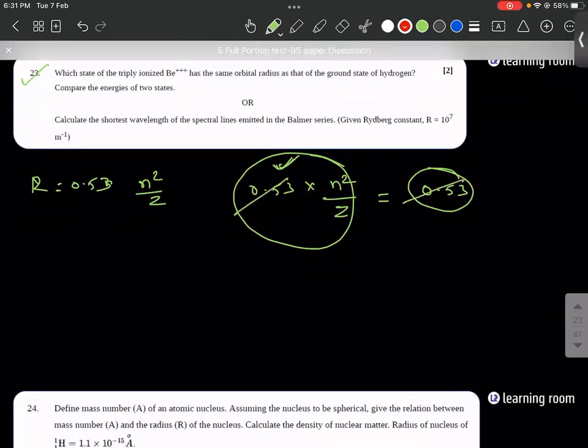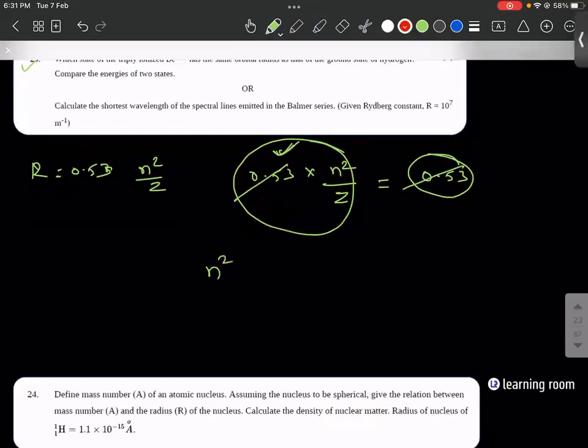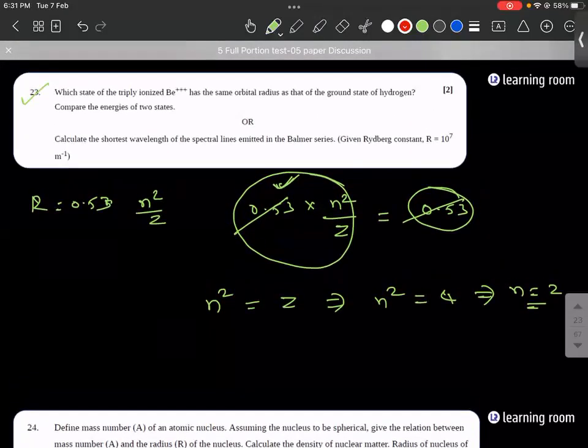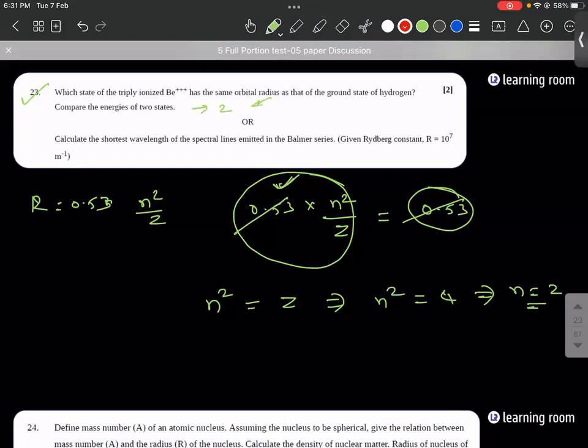So 0.53 and 0.53 are gone. n square will be equal to Z, which implies n square is equal to what is the atomic number of beryllium? Hydrogen, helium, lithium, beryllium. So it is 4, which implies n is equal to 2.